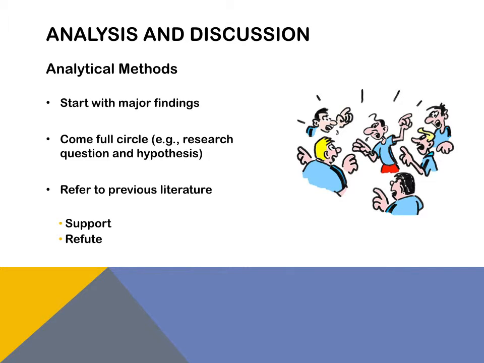The discussion is, as I may have mentioned before, a very difficult part to write because you need all the pieces in play to write it. You need all your data, your results, your analysis, your hypothesis, your research question, your methods, you need everything.